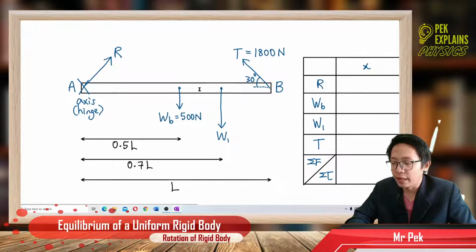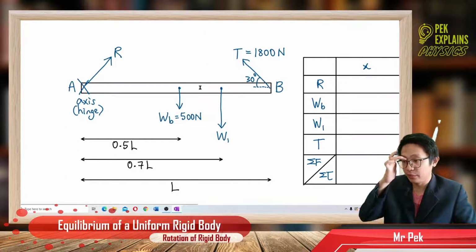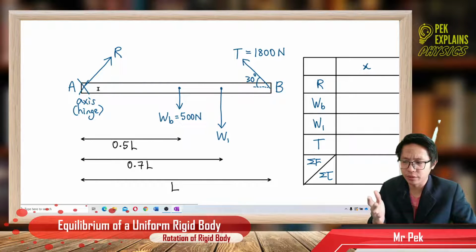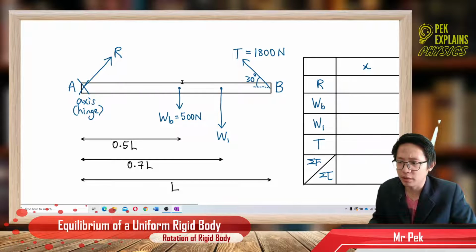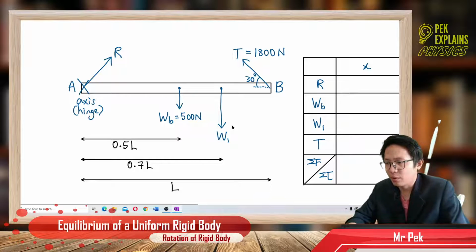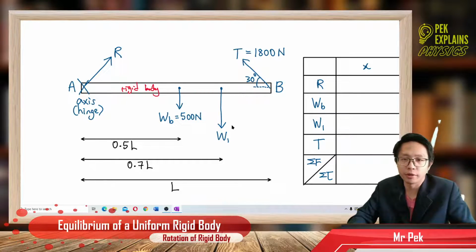Good. Now we already have this, so this is how we draw the free body diagram for a rigid body. You see, the forces all act at different points. So this is what we call a rigid body. You understand? It's not a point mass.